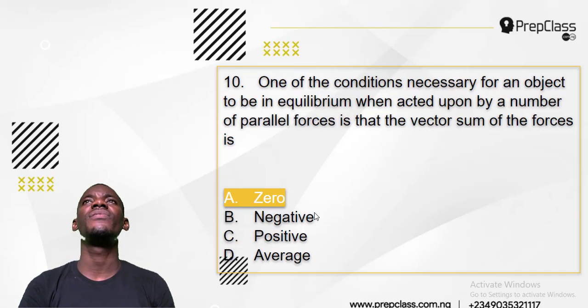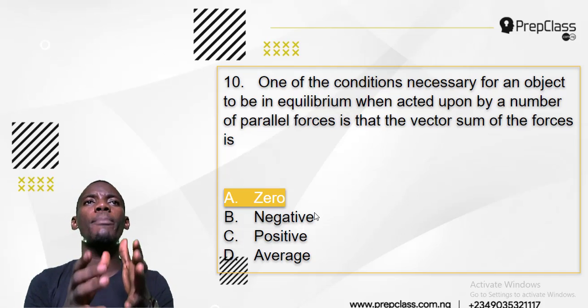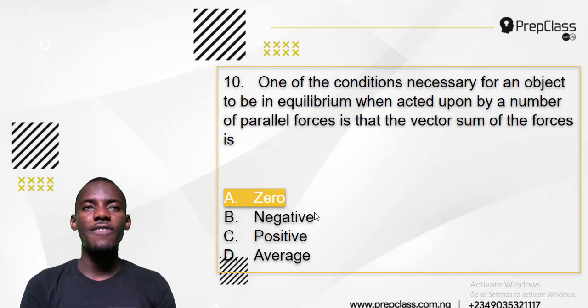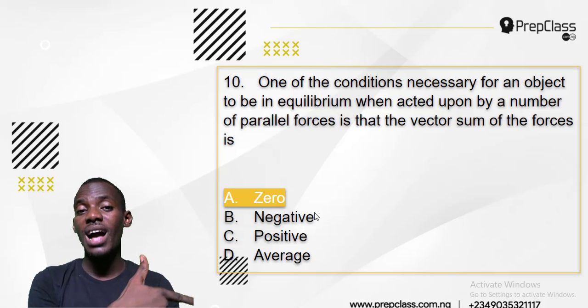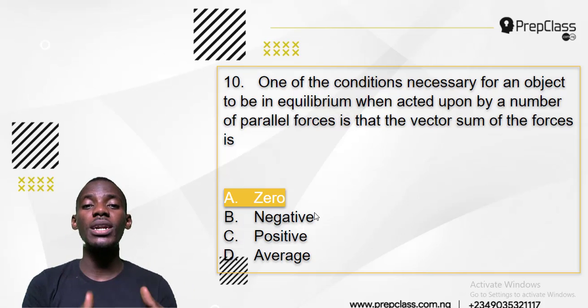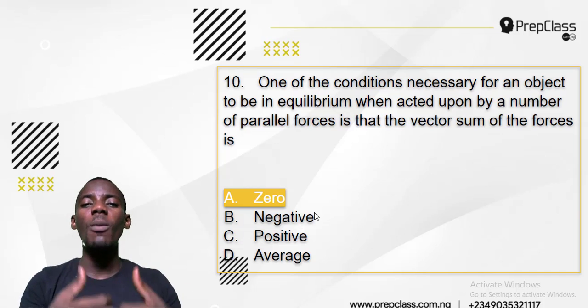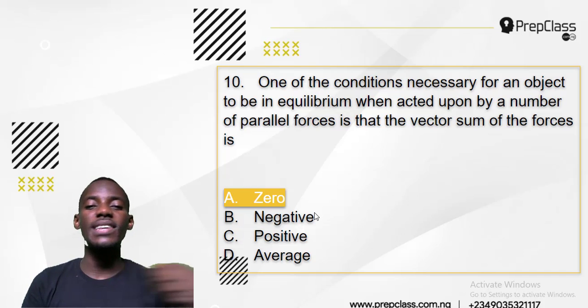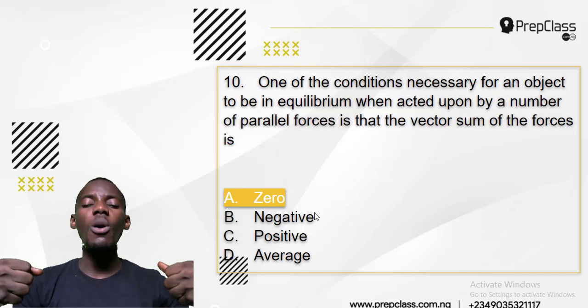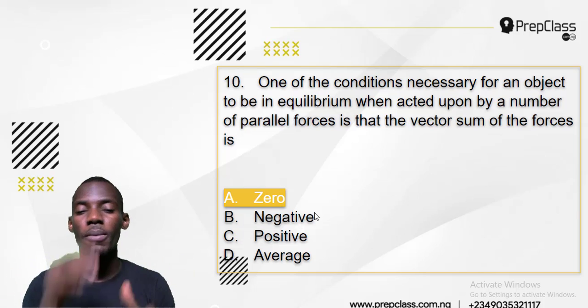It's like if there's an object and you are pulling it. If Femi is here, and then Toby is here, and they are pulling a chair equally, and the chair is not moving, the sum of all their forces, this one pulling it here and this one pulling it here, if they are not moving, they are said to be at equilibrium.